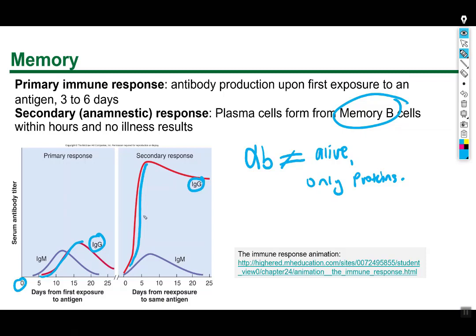So this right here, this little exponential curve upwards, is why you don't get sick on second exposure. Those antibodies are going to go in and disable that pathogen before it has a chance to damage you at all, almost.